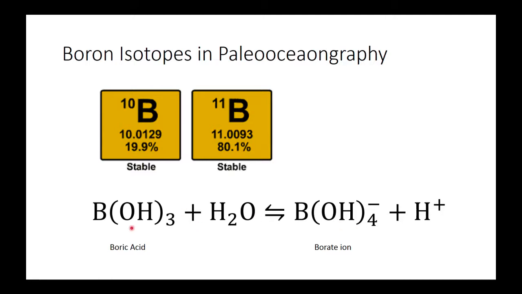Basically boric acid reacts with water to form a hydrogen ion and the borate ion, which is why it's an acid. Because the bonding environment of boron in boric acid and borate is slightly different, there must be some isotope fractionation between the 2 species.